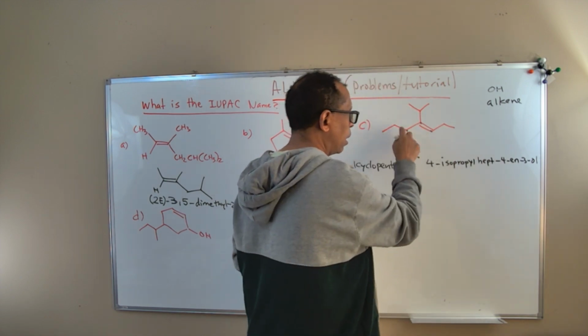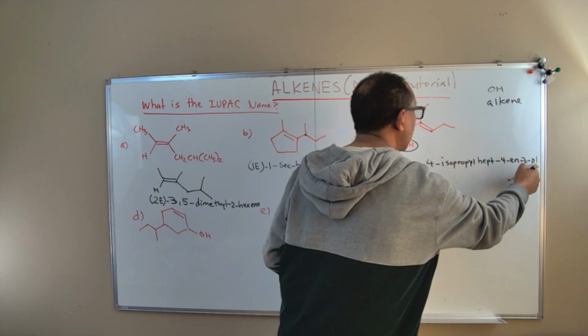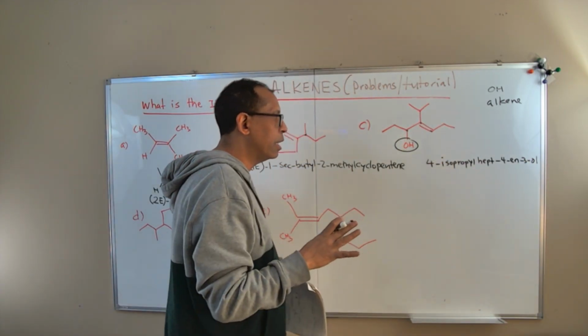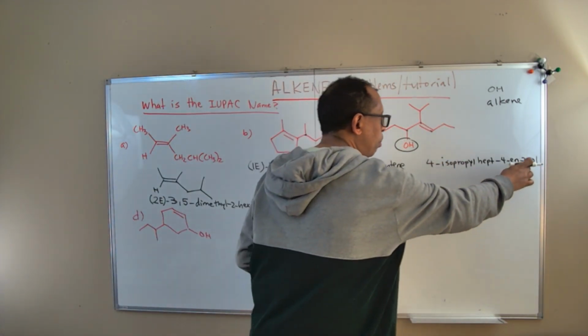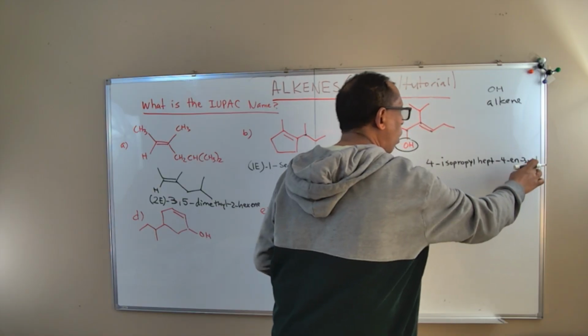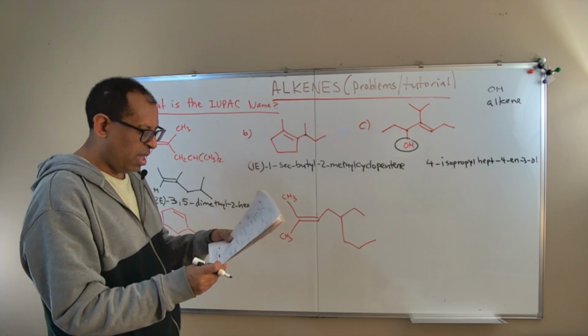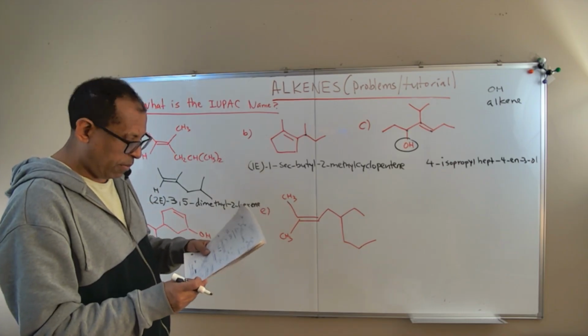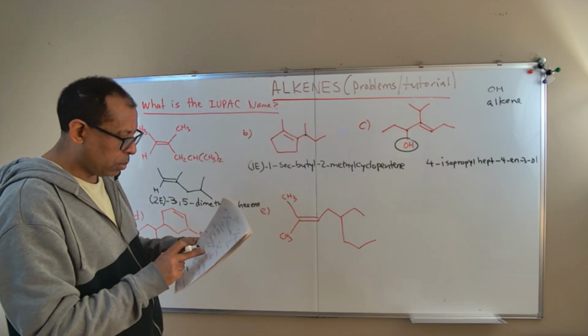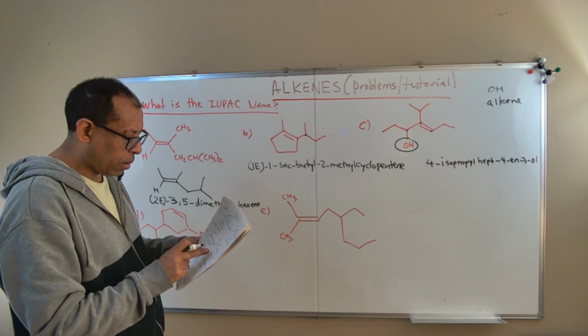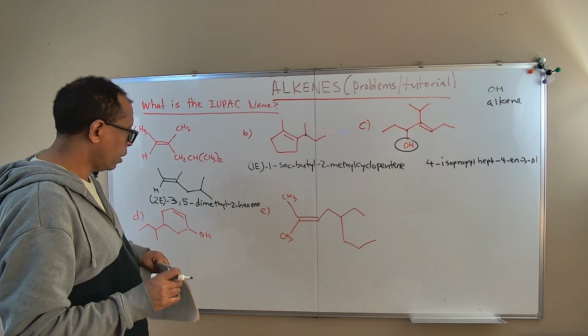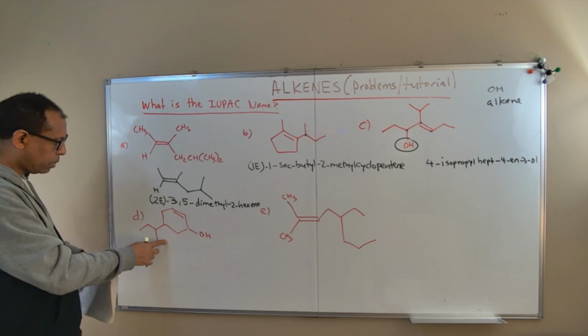The alcohol is at 3. So the alcohol takes priority, so the compound is named with the alcohol group at the end. So that's 4-isopropyl, hept-4-en-3-ol. That's correct. Let's see this one.